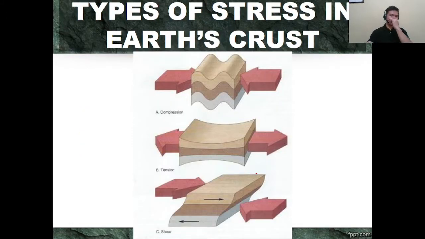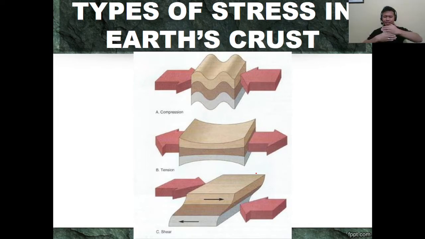And lastly, we have the three major types of stress in the Earth's crust. We have the compressional stress, or the convergent boundary. We have the tension stress, or the divergent boundary. We also have the shear stress, or the transform boundary.